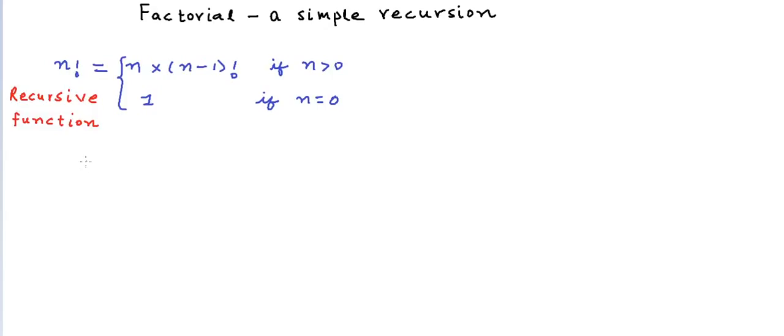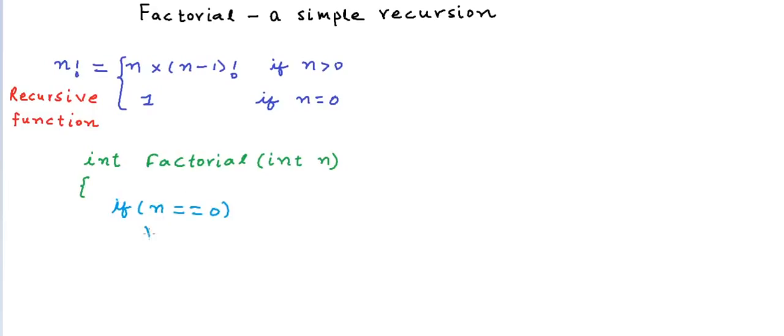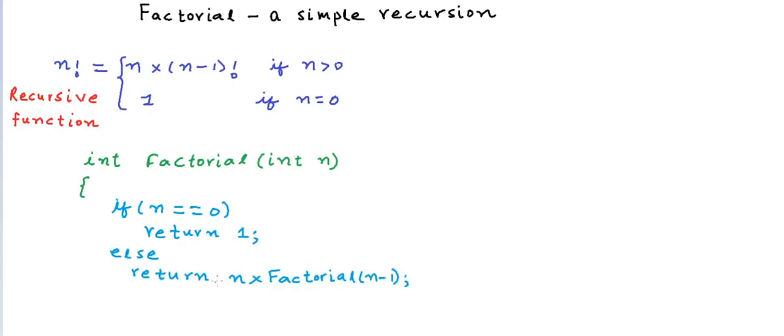So let's say we write a function that returns an integer, and the name of the function is factorial. It takes an integer as input, so we'll say int n is the input, and the function goes like, if n is equal to 0, simply return 1, else return n into factorial n minus 1.